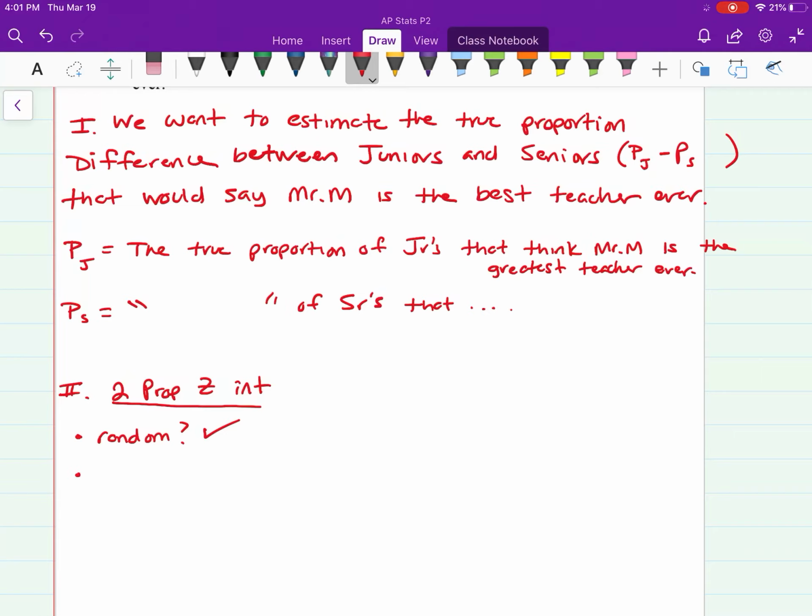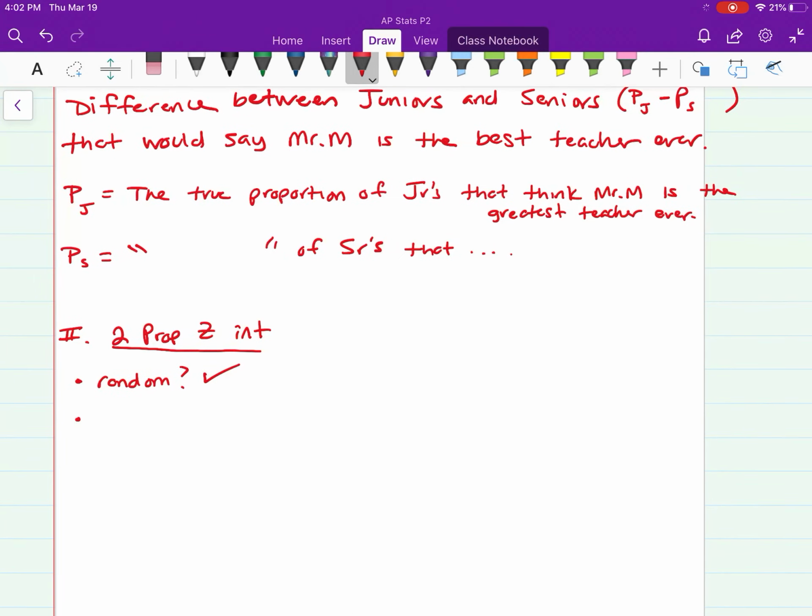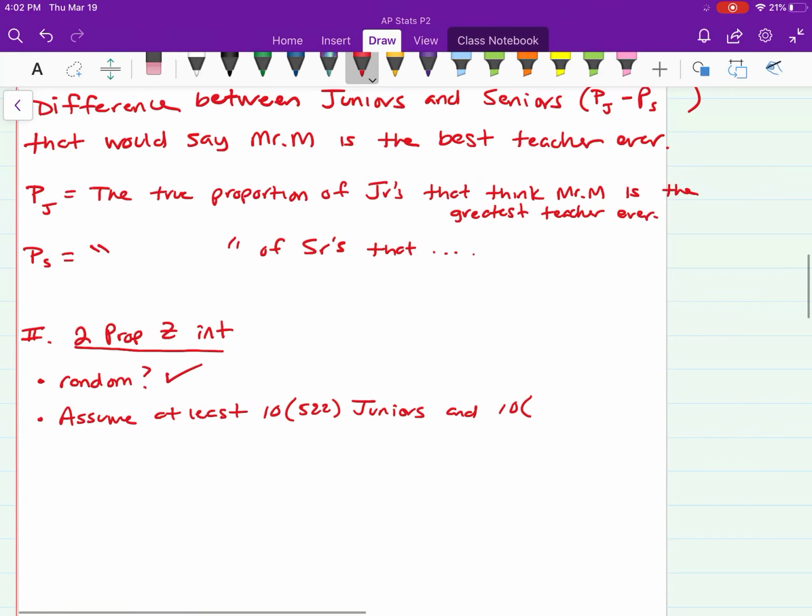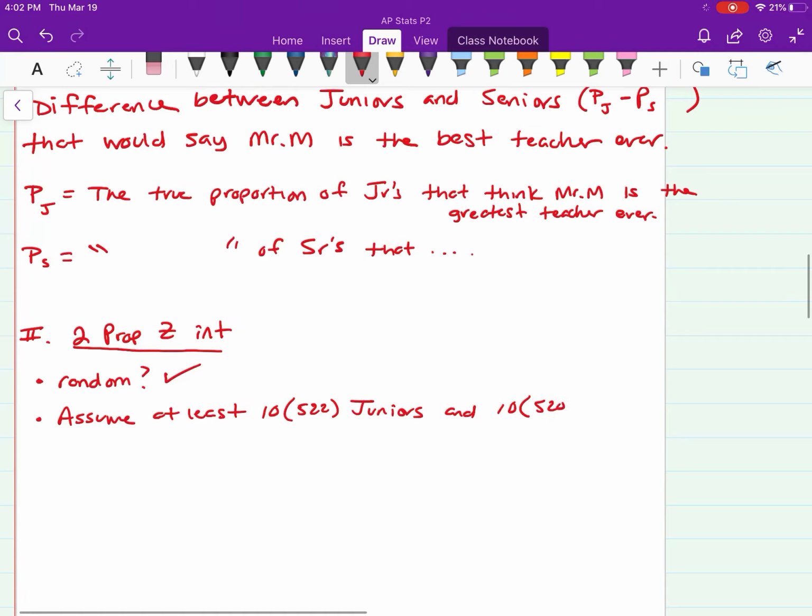Second condition, independent. Now we have to check the 10% condition for both juniors and seniors, and they have 2 different sample sizes. So we are going to assume that there's at least 10 times the sample size for juniors, 522, and at least 10 times the sample size for seniors, 520.